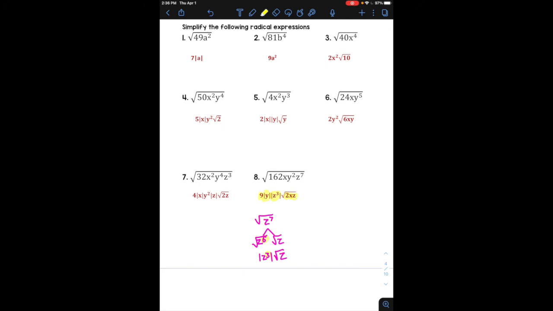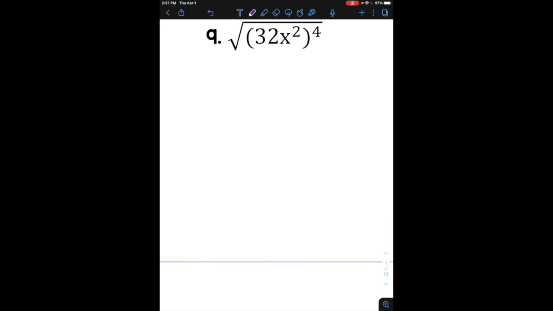The last problem I wanted to go over with you guys is problem number 9. We have the square root of an expression raised to the 4th power. This is actually not as difficult as it may look. Something raised to the 4th power. What times itself would be something raised to the 4th power?